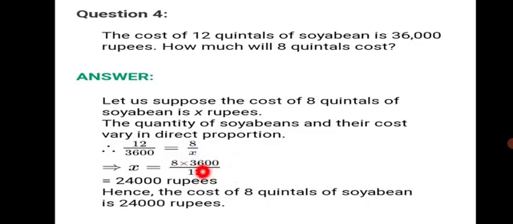Now 12 threes are 36 and 3 more zeros. Here also a 0 is missing, you have to add it. 36,000. So 12 3,000s are 36. 3,000 into 8. 8 threes are 24. 24,000 rupees is your final answer. Hence the cost of 8 quintals of soybean is 24,000 rupees.